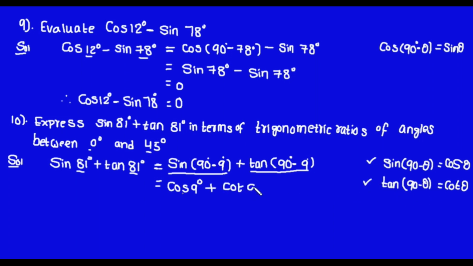In the given problem, we have to convert the angles to values between 0 degrees and 45 degrees. We have already completed this step because we got cos 9 degrees plus cot 9 degrees. That means the problem is over.